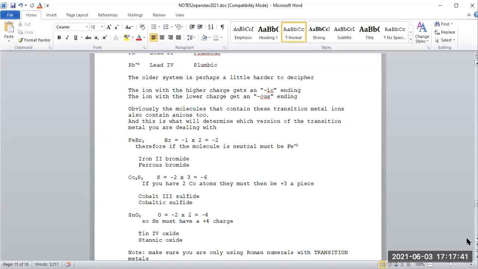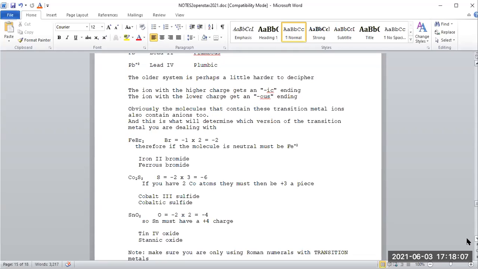Start on the right-hand side of the molecule. Start on the anion side. Figure out what that charge is. In this case, the bromine is a -1. Multiply it by how many you have. I have a subscript of 2, so -1 times 2 gives me -2.